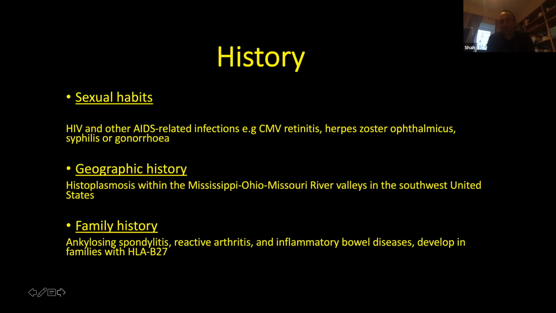A typical example would be immunodeficiency as a result of HIV and AIDS, which thankfully is not seen as much now because the treatments are very good. But of course, 10 years ago, it was much more prevalent. So that will help you for CMV retinitis.